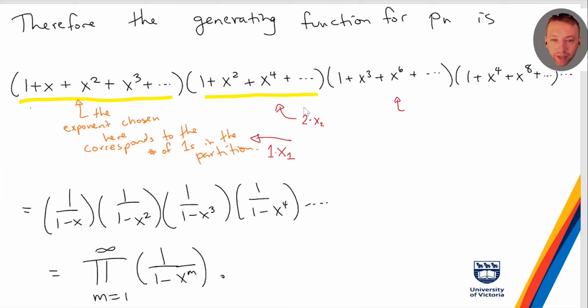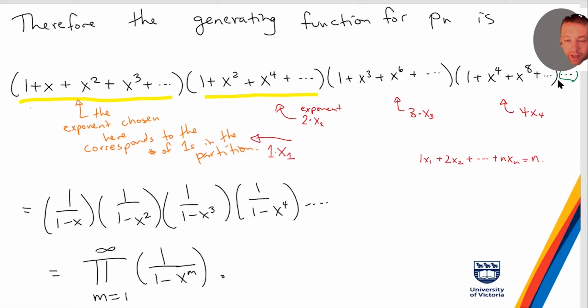And the exponent here that I choose corresponds to my 3 times x3, and my exponent here corresponds to my 4 times x4, right? And we want 1 times x1 plus 2 times x2 plus up to n times xn to equal n, right? And here I've got a thing because we keep this going.